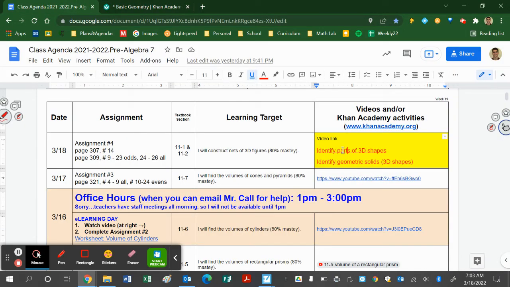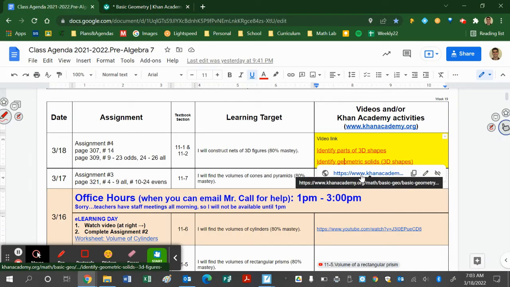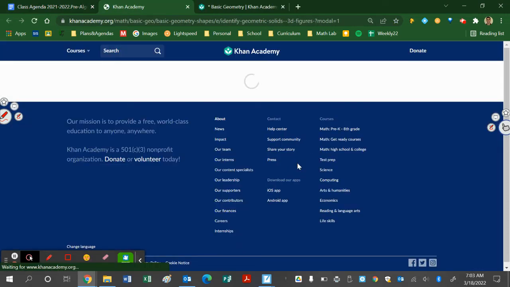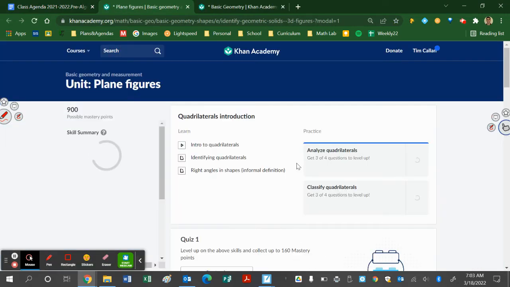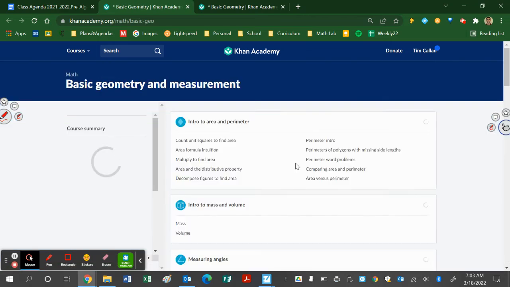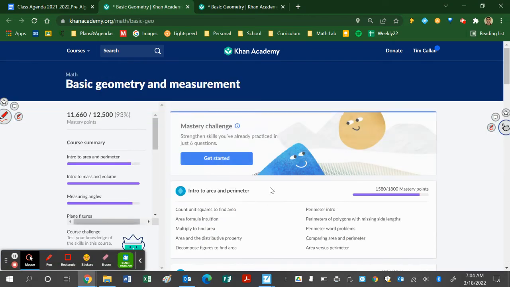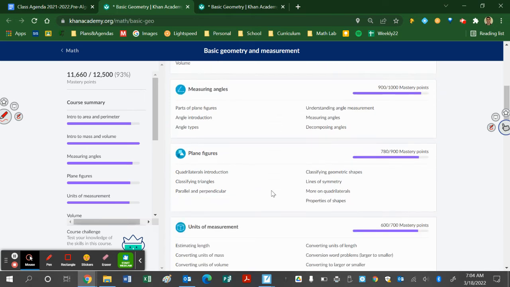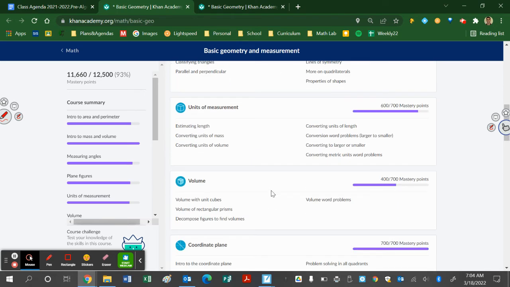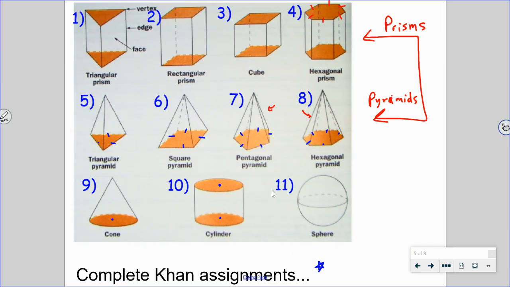And the second part, identify geometric solids of 3D shapes. Again, I'll do my best to see if I can get those links to go straight to what we're looking for. We'll figure it out together.